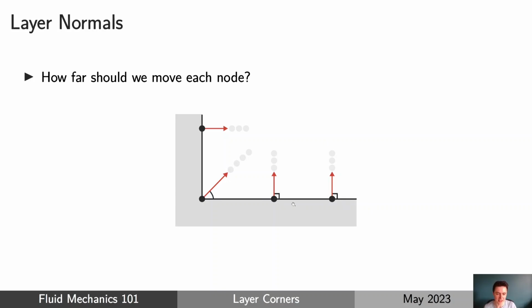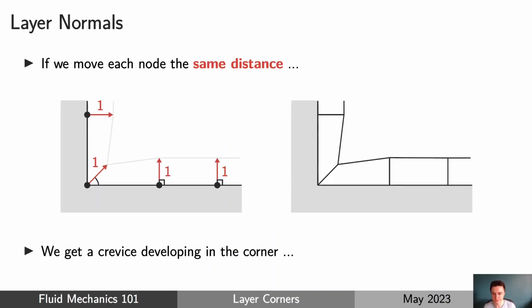We'd grow the first layer and then we'd use the growth ratio to determine the height of the next layer, and then we would just continue that process, and we know exactly how far we would move these nodes as we generate each layer. But that isn't so obvious what we might do for the corner vector here, and that starts to generate some problems, which I'm going to show you in the next few slides.